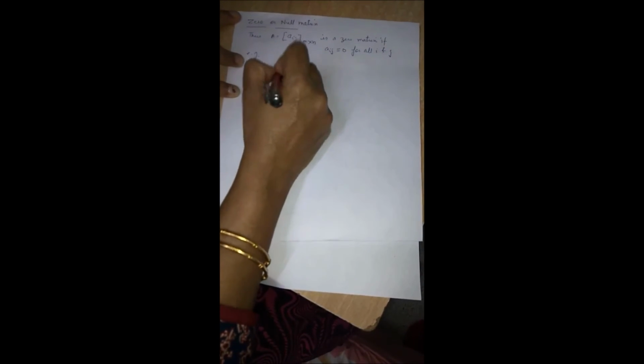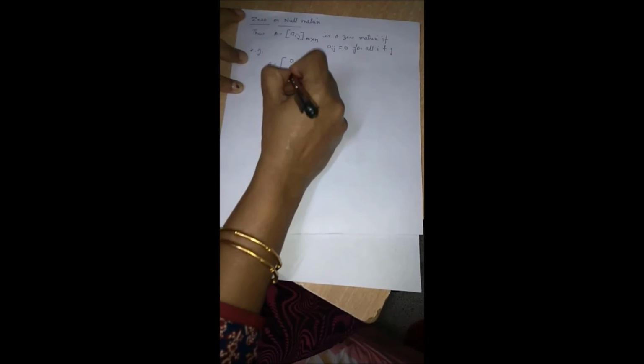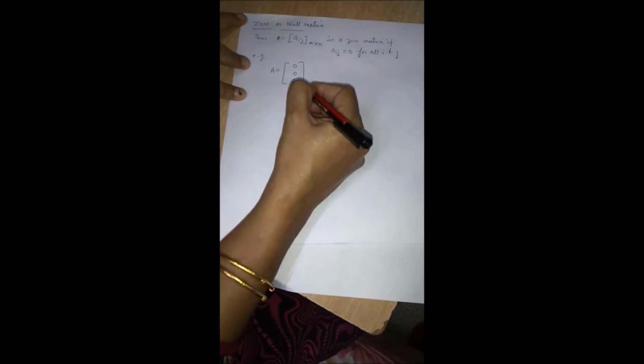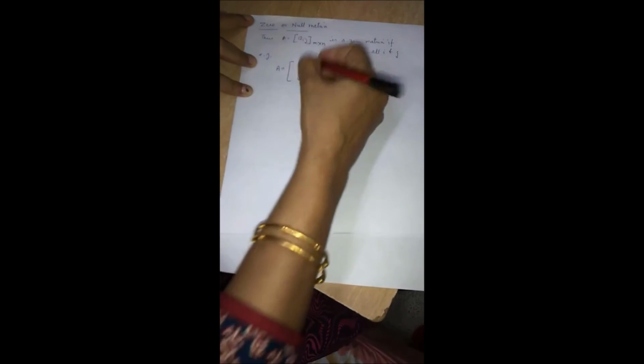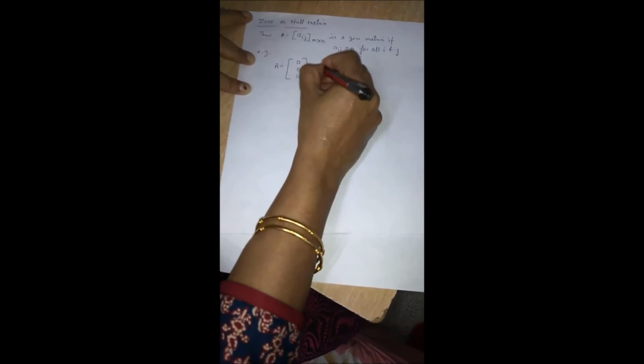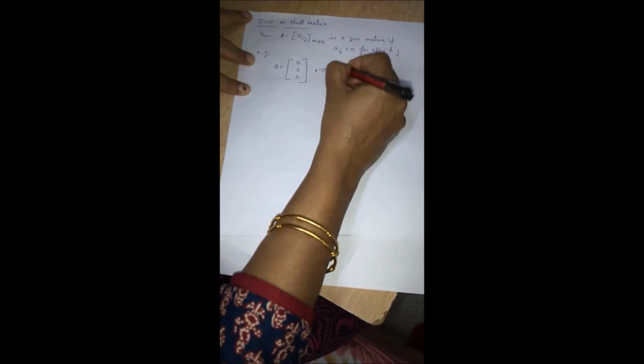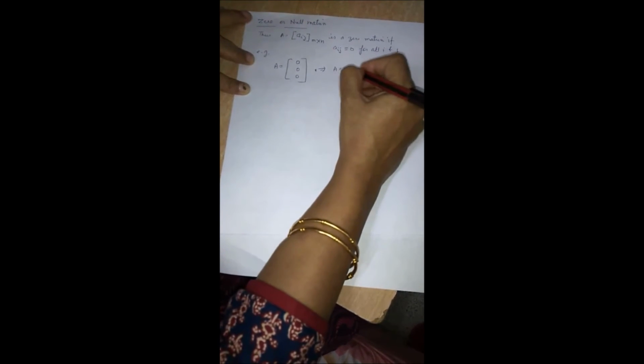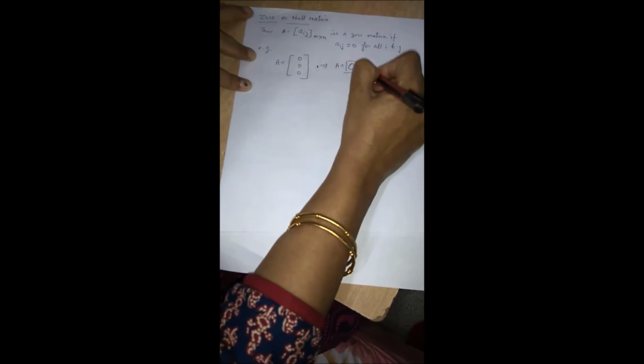For example, A is equal to 0, 0, 0. A is a column matrix having all the elements 0. So it can also be written as A is equal to O. This O stands for zero matrix.